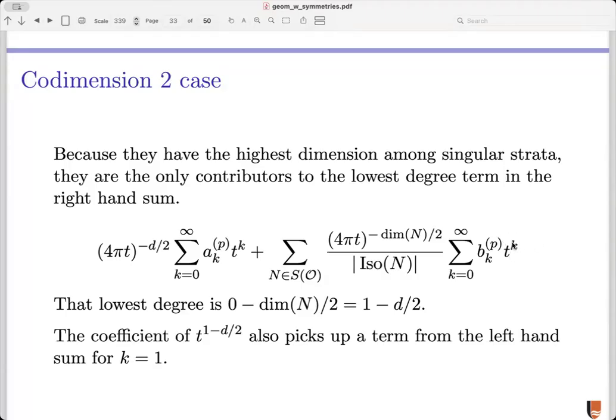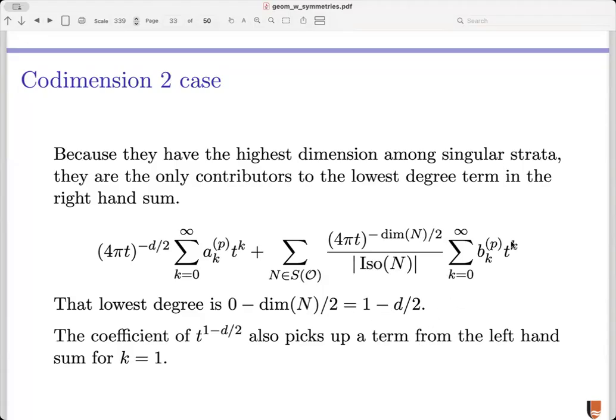On the right-hand side here, we have t to the k, so k equals 0 to infinity. Here we'll have degree k, but that gets combined with this t to the minus dimension of the stratum over 2. So that lowest degree term occurs for the highest dimensional stratum, which is the stratum that we're focusing on here. If you stare at it for a while, that lowest degree term on the right-hand side is going to have degree 1 minus d over 2.